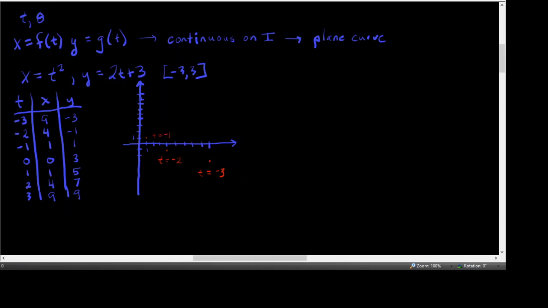The next point is at 0, 3. It gets there at time 0. Notice I keep saying time. Usually that's what t stands for, so I may default to saying time instead of t. Please excuse me if that isn't actually what t is measuring in some particular case. Anyway, at time 1 we're at 1, 5.